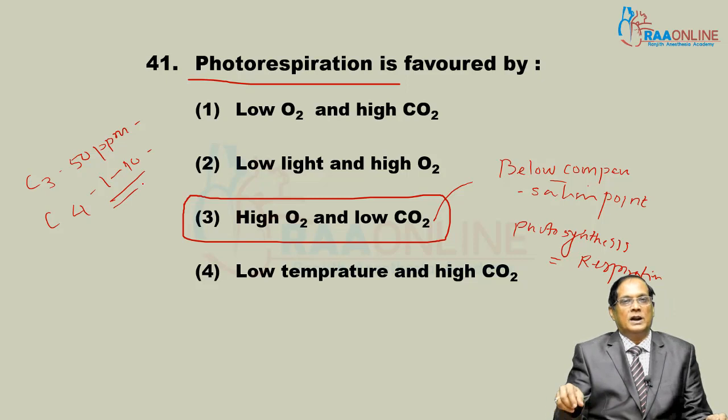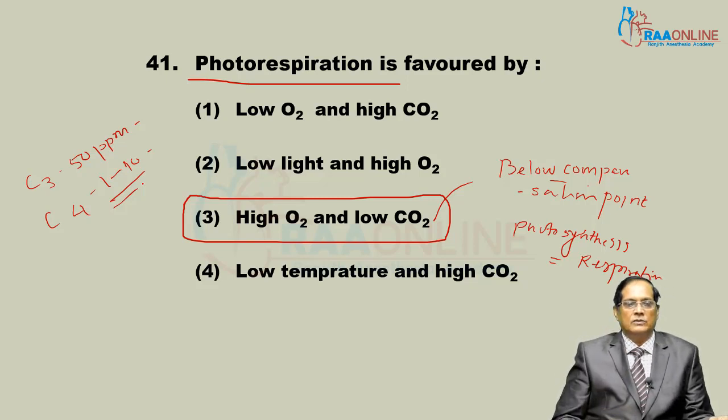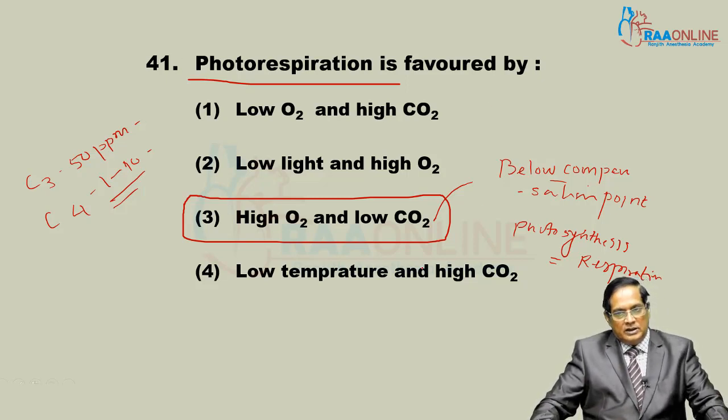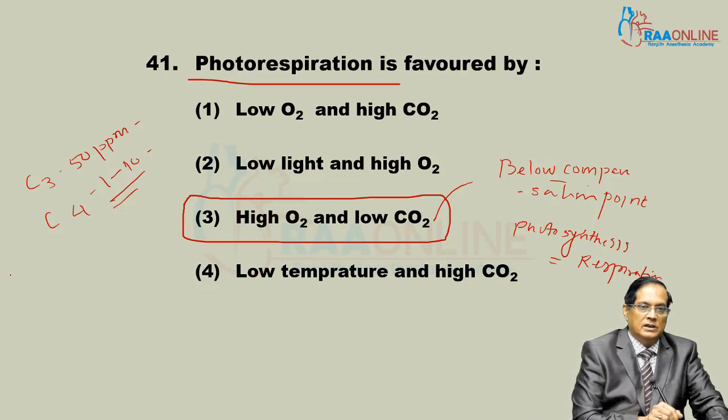C4 plants are able to perform photosynthesis when a very low amount of carbon dioxide is there in their surrounding, but C3 plants can't. So this is photorespiration: low CO2, below compensation point, and high oxygen is already there.